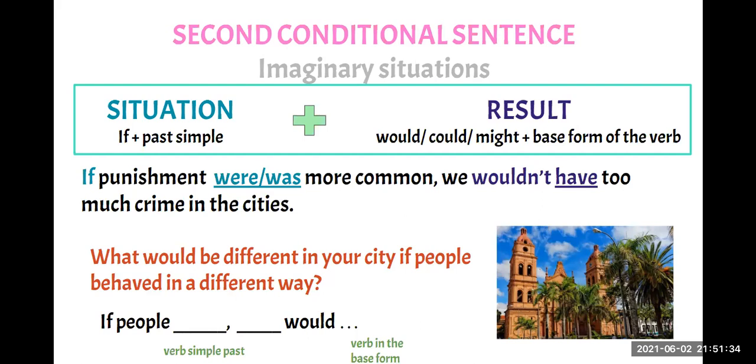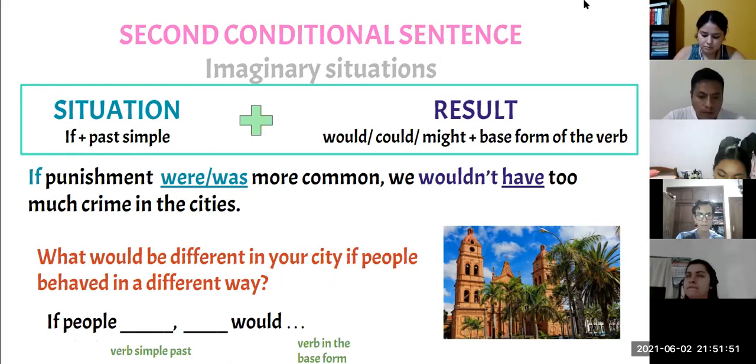If people, maybe you can say, if people recycled the garbage, the city would be cleaner. Any other example? If people was different, the city would be cleaner. Again, please. If people were different, the city would be cleaner. Yes. Any other ideas?